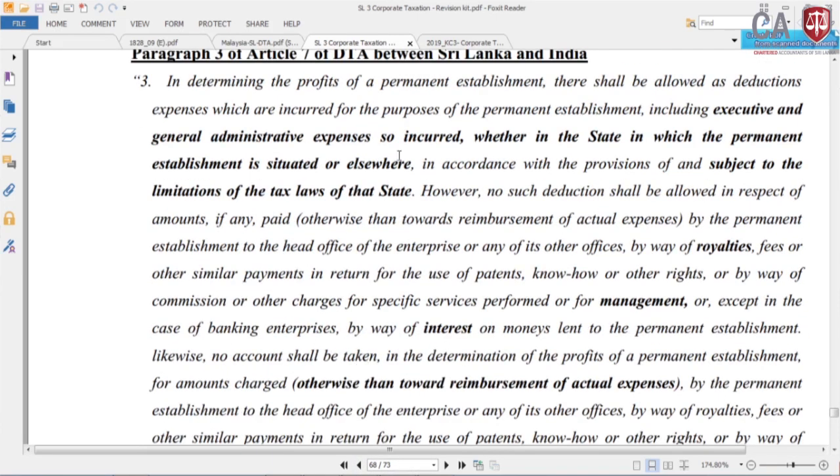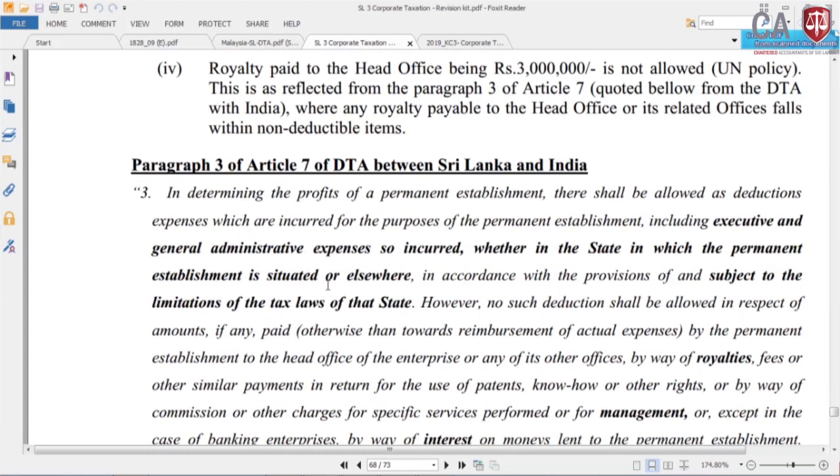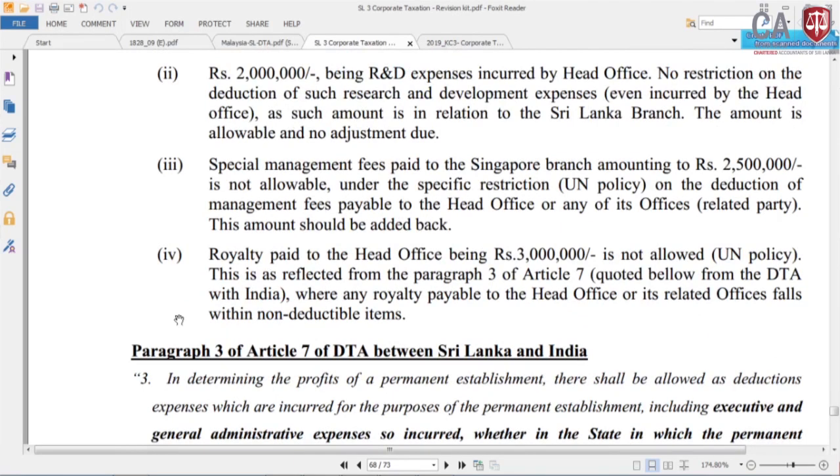Therefore, Lamai, this is the double taxation treaty article which I have taken from the India-Sri Lanka treaty. You can check it. Therefore, royalty cannot be deductible.